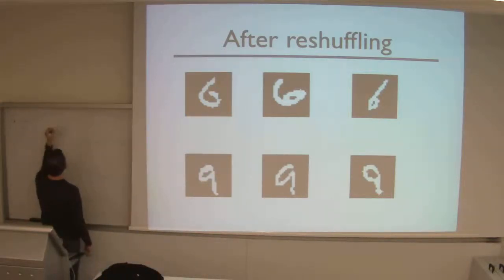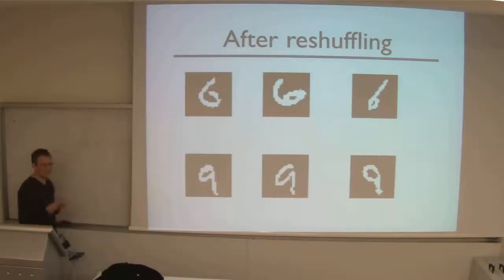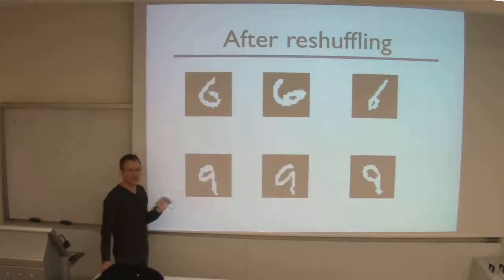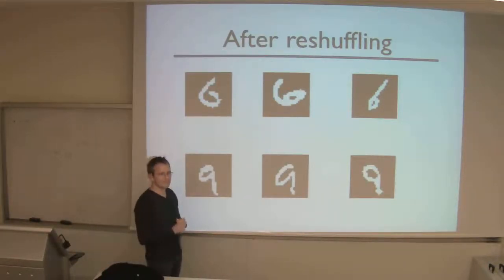Like if I had something like that, you could probably learn it with very few examples. But if you turn each of the pictures 180 degrees... No, but I use the same shuffling for everything.